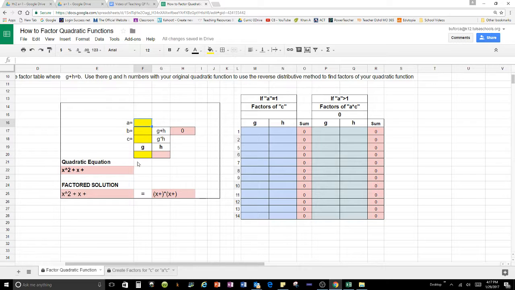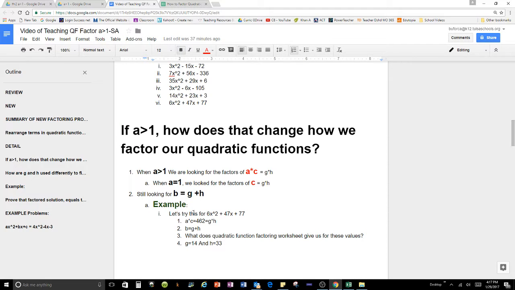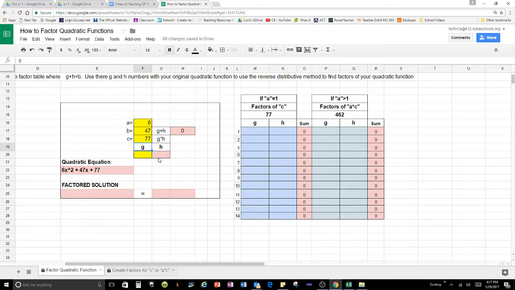The number we want to put in here now is 6. The number we want here is 47. And the number we want here is 77. Let's go back and just check right quick. Yes, 6, 47, and 77. Now what we want to do is go down here to our tabs and go to our second tab that says create factors.